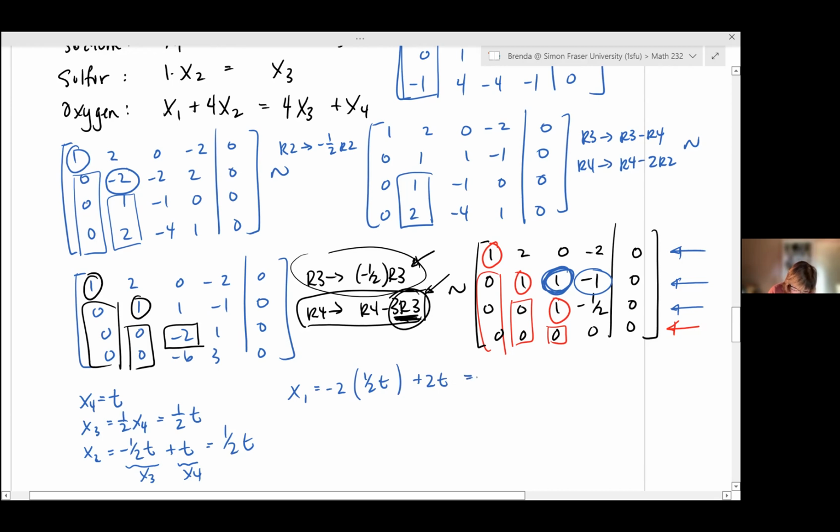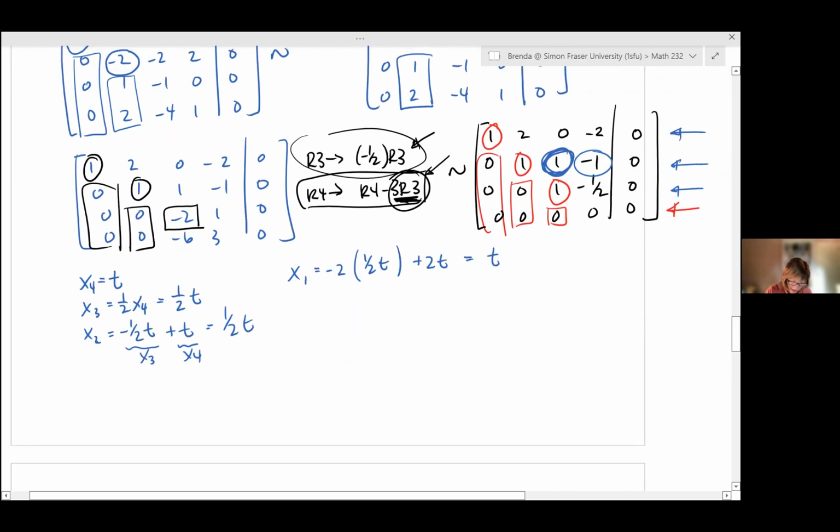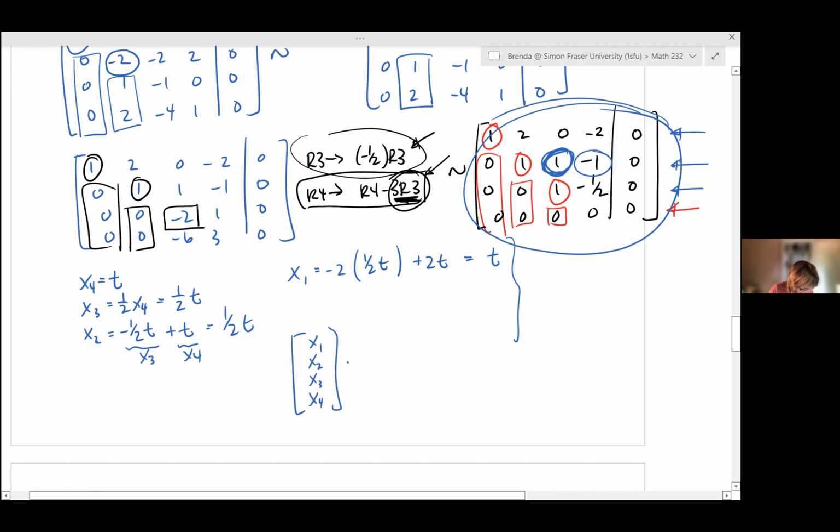And that gives me a total of t. Okay, there we go. Perhaps I should have written those out in a little more detail. If this was a little bit confusing, take this and write out the solution set very carefully and then compare it with this, because this is what I got at the end here. We have a solution vector and it looks like this.